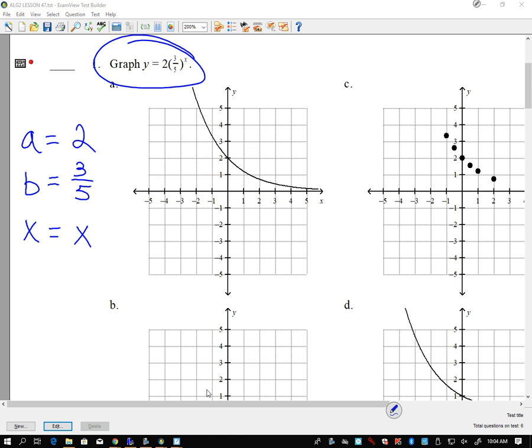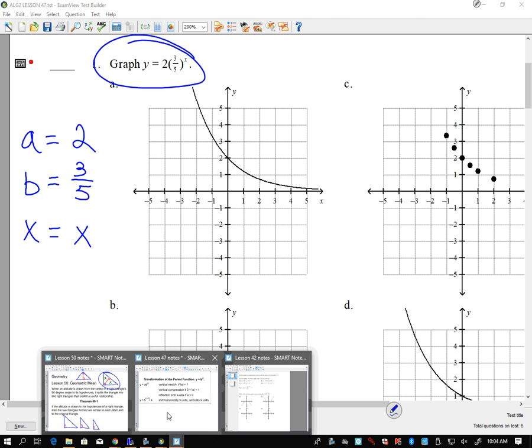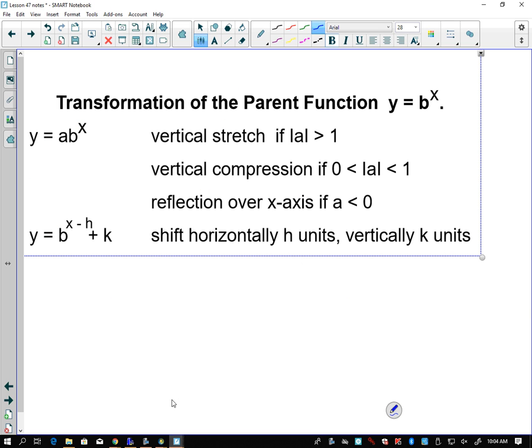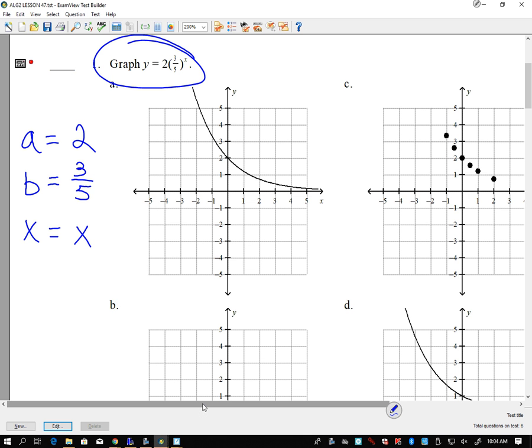So going back, it said if a was greater than 1, what would it do? Do I need to go back and look at the notes? You guys should have them in front of you. All right. If the absolute value of a is greater than 1, what's it going to do to the graph? It's going to stretch it. Okay, so we should see something that's stretched. Now 3/5. Is that something that's greater than 1, or is it greater than 0 but less than 1?